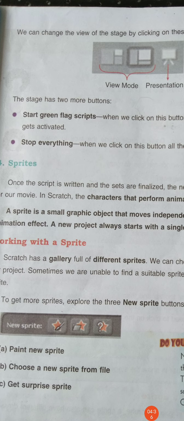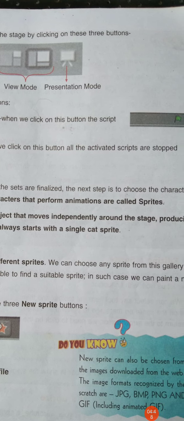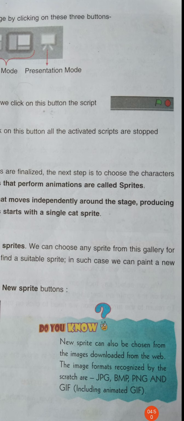When we click on the green flag, the script we have made gets activated. Then the stop button, a round red button along with the green flag, stops all the activated scripts when we click on it.